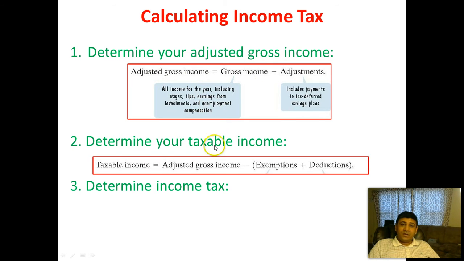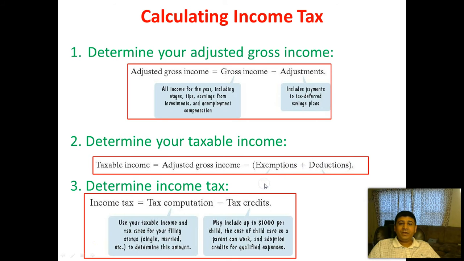Next, you have to find your taxable income. Your taxable income is the adjusted gross income from the first step, minus any exemptions and deductions. You can have personal exemptions, some medical bills, some other taxes, other deductions. Finally, you will calculate your tax.